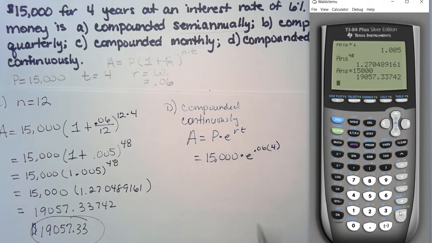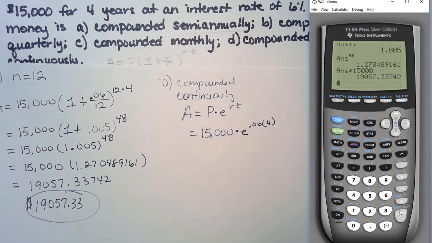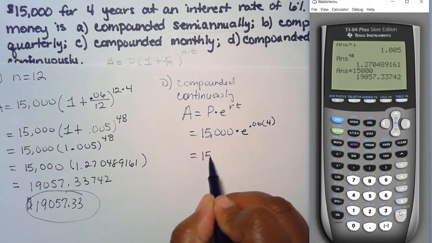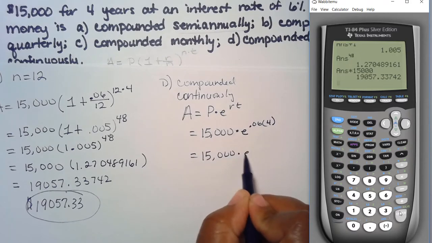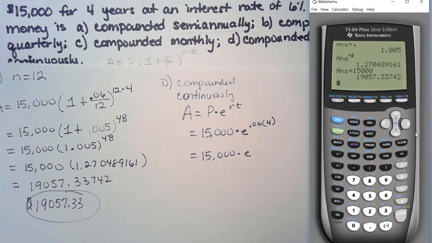And our time, 4 years. So we have 15,000 times E raised to the, so let's multiply 0.06 by 4. That's 0.24 as our exponent.